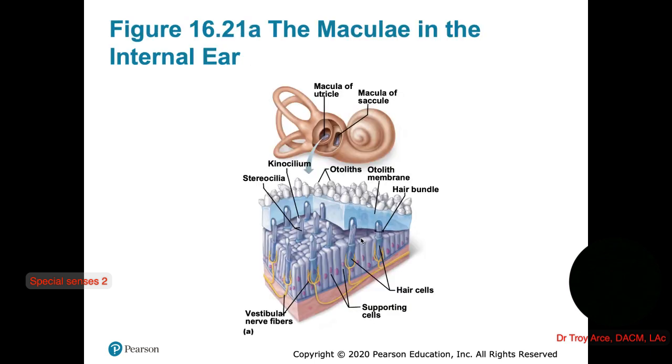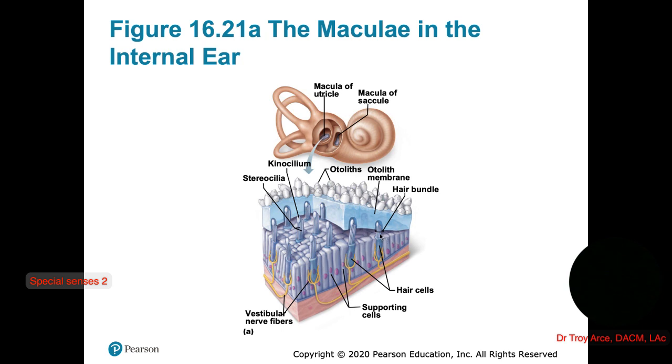So the macula in the internal ear, as you can see, this top picture, and you can see it's right in the center there. That's the macula of the utricle, and next to it is the macula of the saccule. There's a bigger picture of it. Here are your hair cells, right?